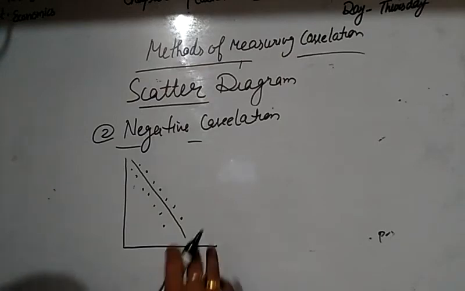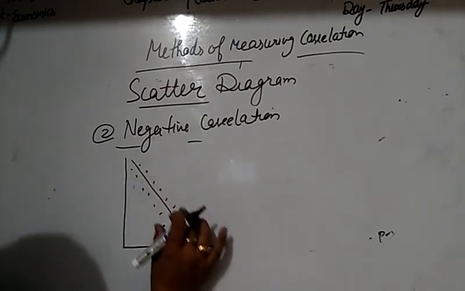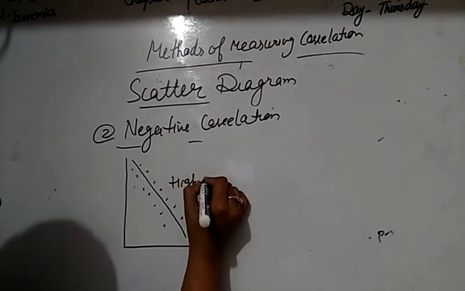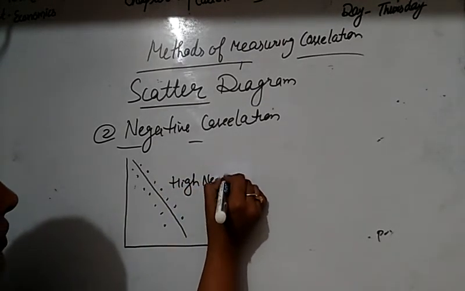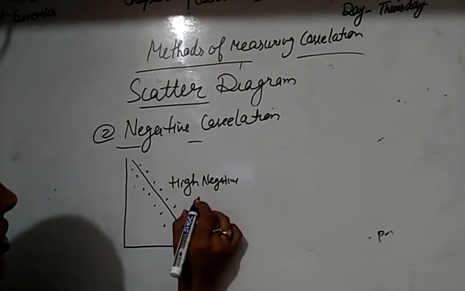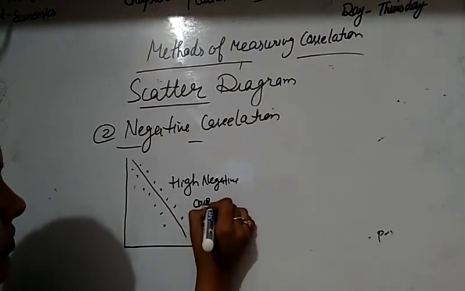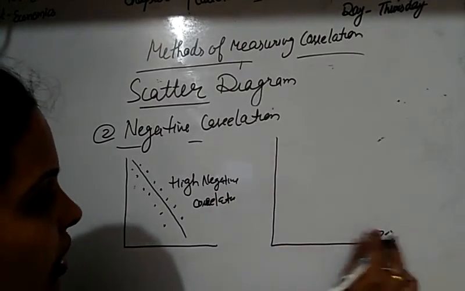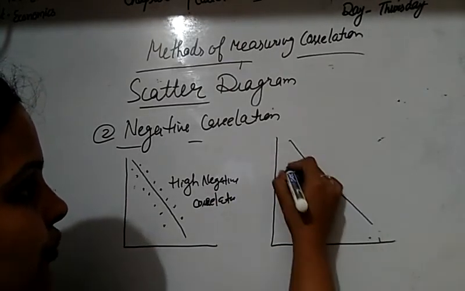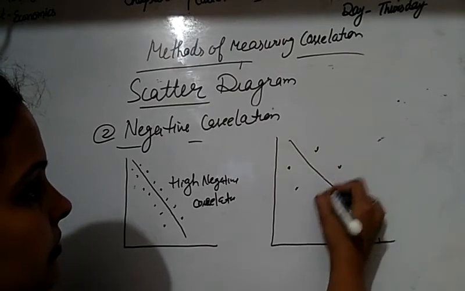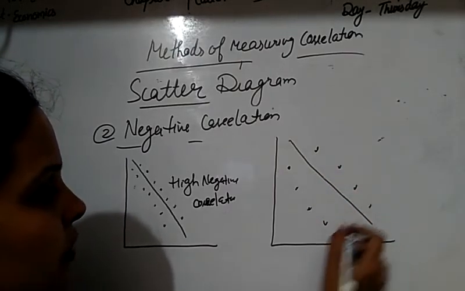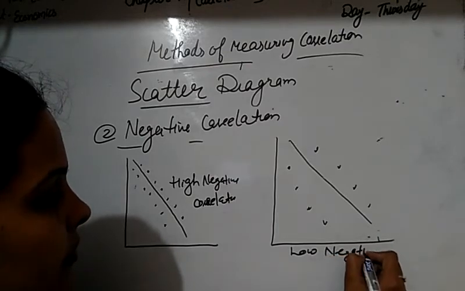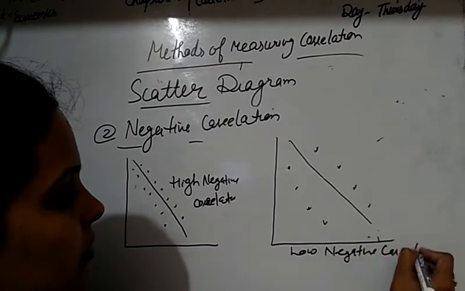When these points are near to the downward sloping line, to that we call high negative correlation. When these points are far from the downward sloping line, to that we call low negative correlation.